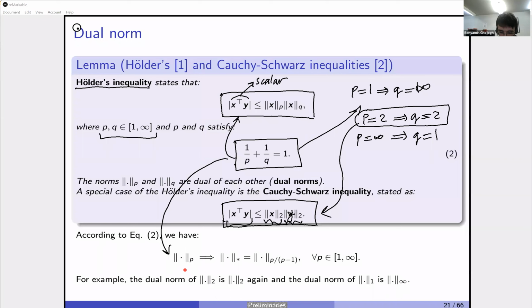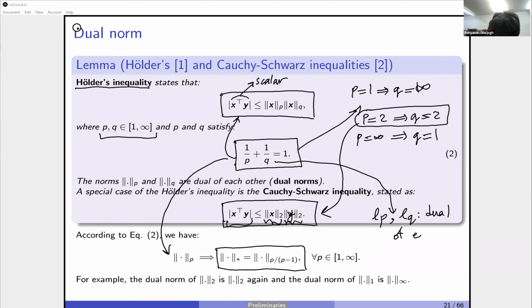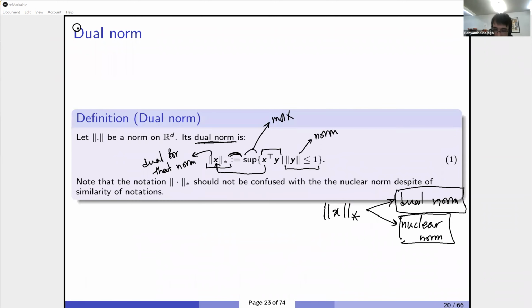You can say when you have the LP norm, it has a dual. P and Q here, I should tell you that the LP and LQ norms are dual of each other. Do you remember I defined a dual norm?